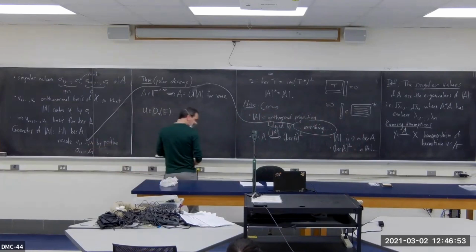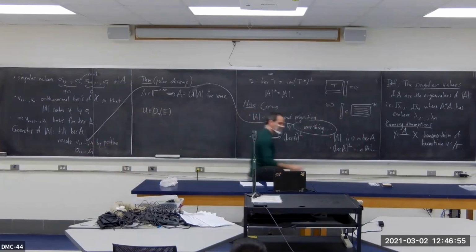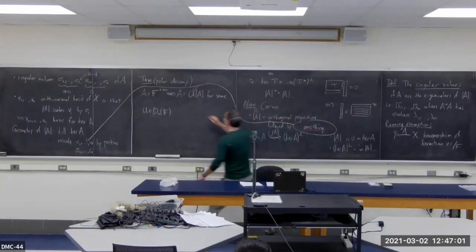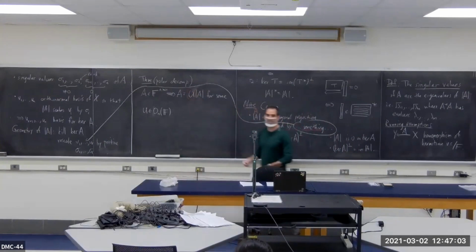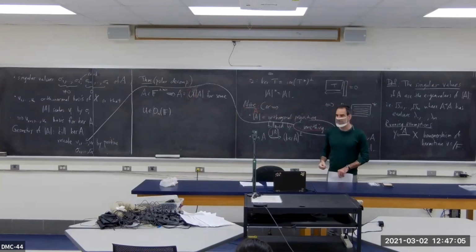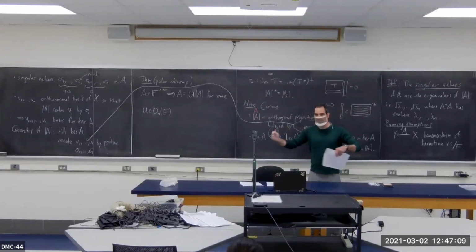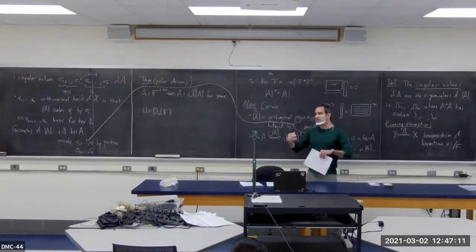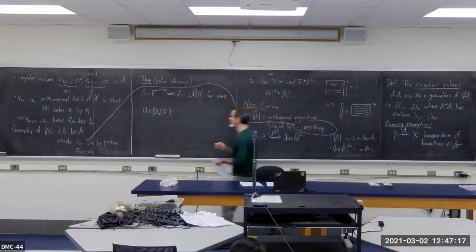I could erase the bars around the A, and then I have the something, and that something is that U. That's the only difference. So the modulus of A kills some basis vectors and then rescales the others. A further rotates those basis vectors in an orthogonal kind of way. It preserves the orthogonality when you rotate. That's the idea.